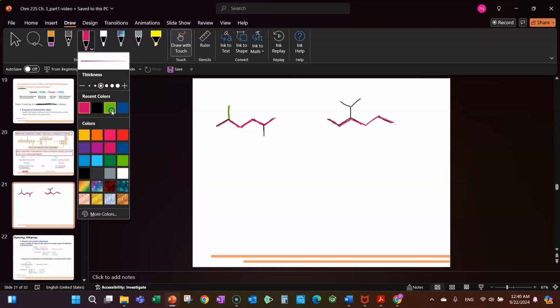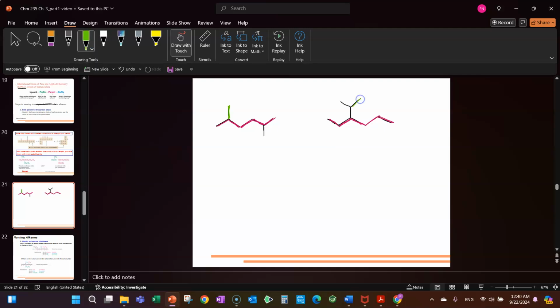Or you have another option here. If you look at this green one, it's 1, 2, again 3, 4, 5, and 6, right? We have two possibilities of this chain. One is that green one and the other is a red one. Both are 6 carbon atom.